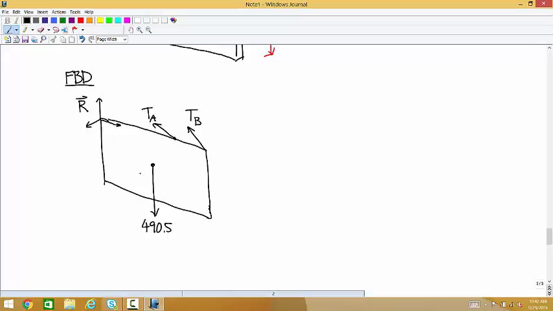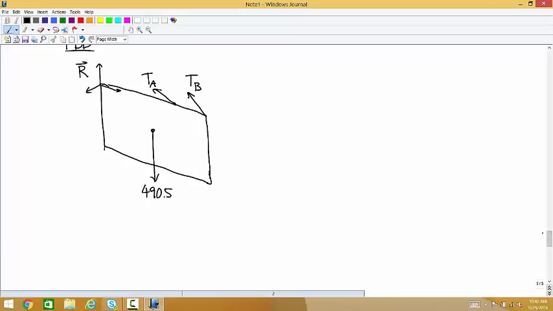So that's a complete free body diagram. And now we're going to set up the table. Let's set up the full table where we have the coordinates of the points where the forces are applied.